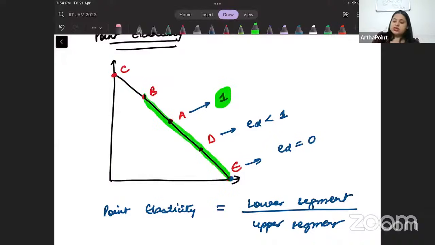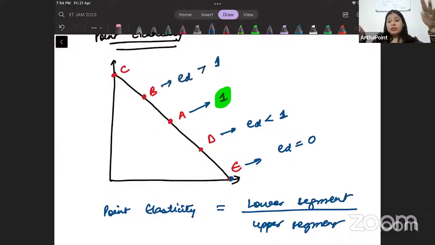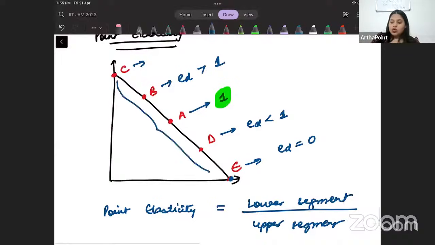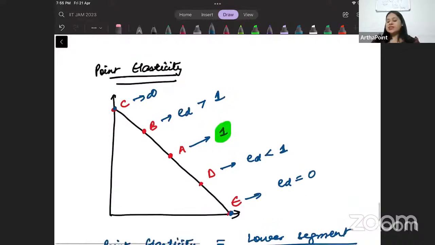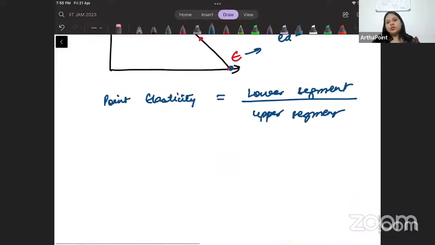Upper segment is only this much. So at B, elasticity will be greater than 1. Lower segment बड़ा है, numerator बड़ा है, denominator छोटा है. And here upper segment है ही नहीं. So lower segment is every number and upper segment is 0. So anything by 0 will be infinity. So we have found out the elasticity at different points.